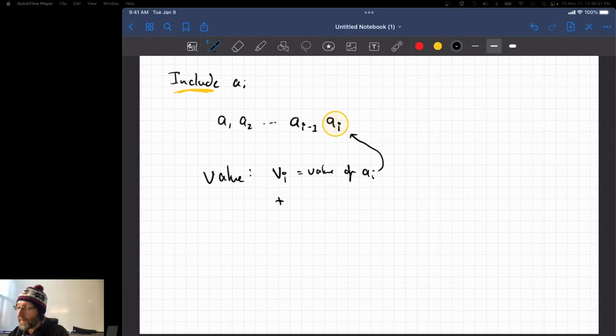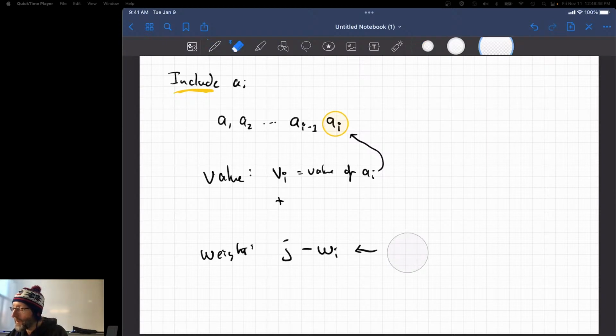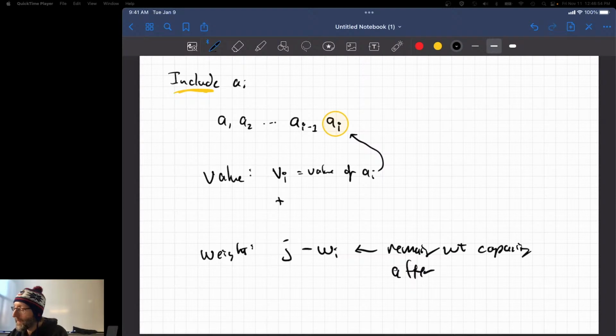Now, what was previous? To understand that, let's look at the weight. By choosing to include A sub I, I've reduced my weight capacity to j minus w sub I. This is the weight remaining, let me call it the remaining weight capacity after taking A sub I. Now that's not immediately backwards, right?